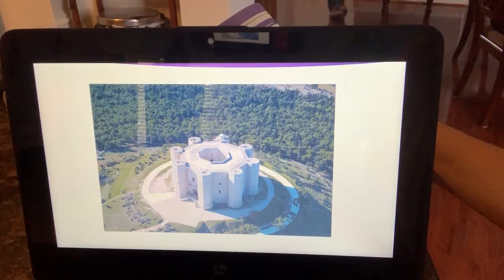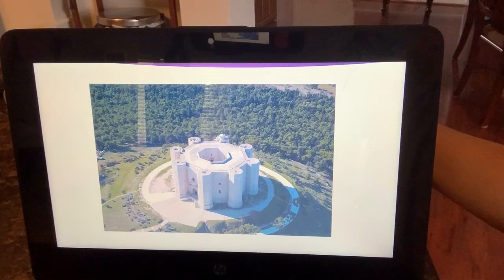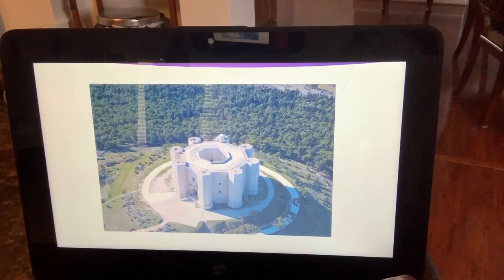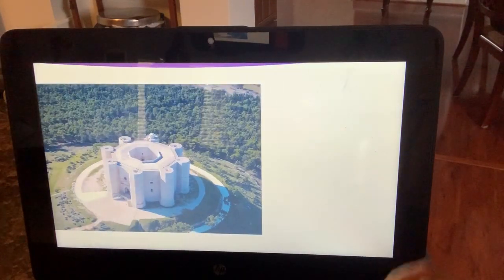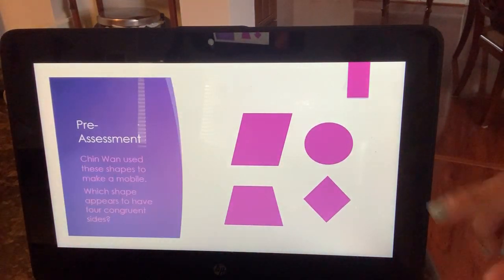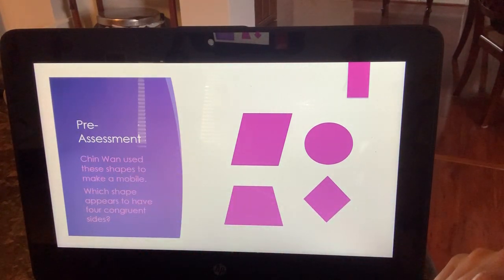Now, how do I know what is a polygon? A polygon is a closed plane figure formed by 3 or more line segments that meet at points called vertices. And I'm going to show you what that is in a minute. Okay, let's go back to the next part. But before I show you, I want you to choose from here. Chen used these shapes to make a mobile.